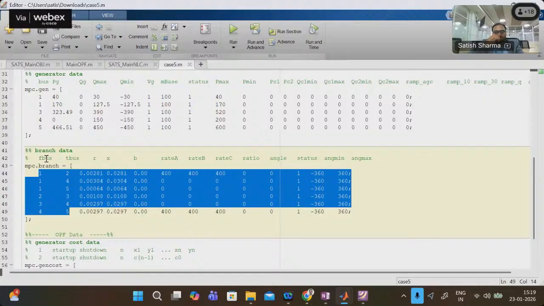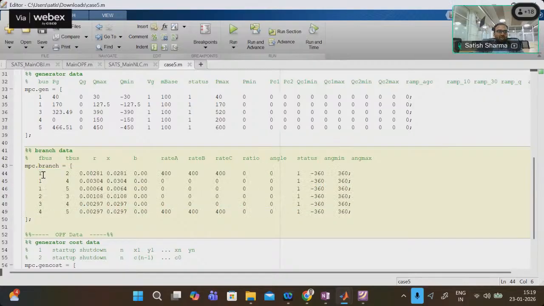Yes, sir. So what information are we getting from this table? Simply connectivity, that a branch is connected between two nodes. What is the reactance, R, X and B, and the line flow limits. This is the information we are getting from it, right?